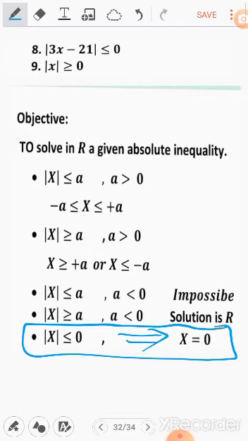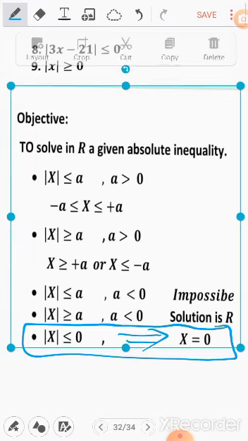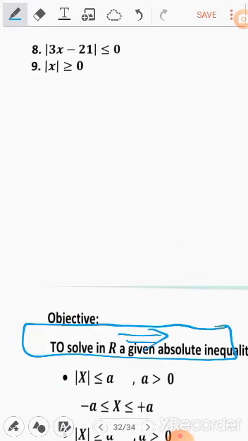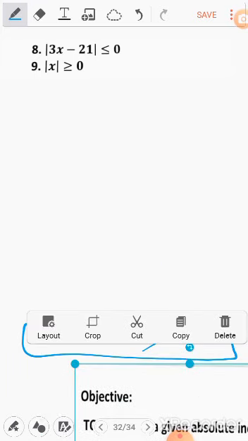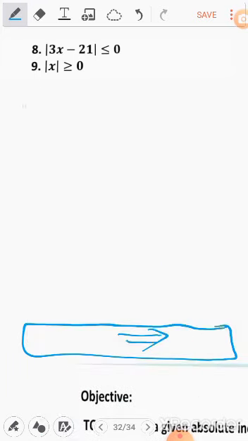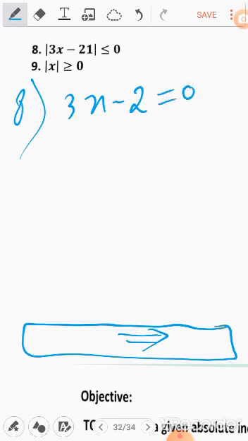So for this absolute inequality in number 8, 3x minus 21 should be equal to 0.